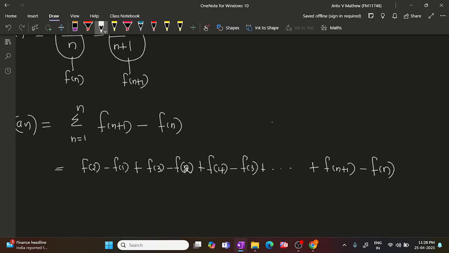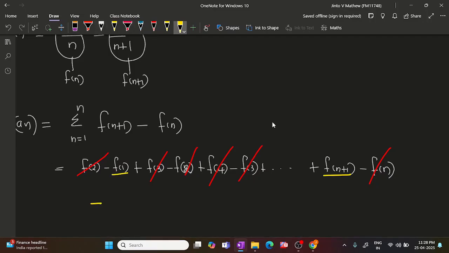If you observe, the terms are getting cancelled: positive f(2) and negative f(2), negative f(3) and positive f(3), and so on. Everything gets cancelled except two terms, f(n+1) and f(1).